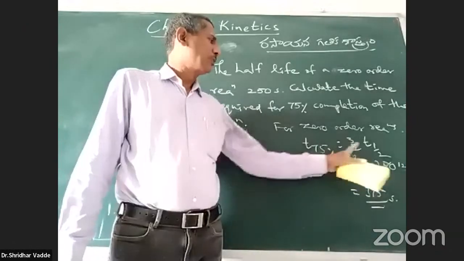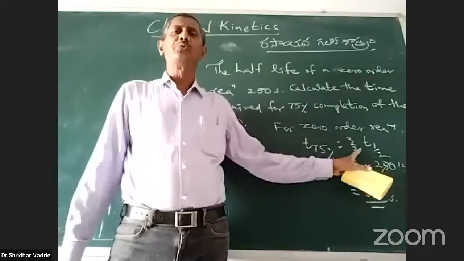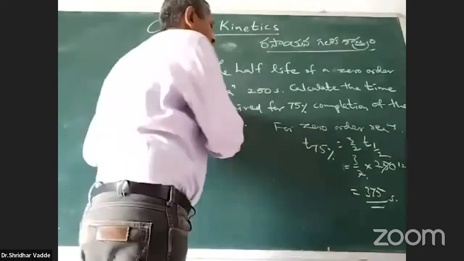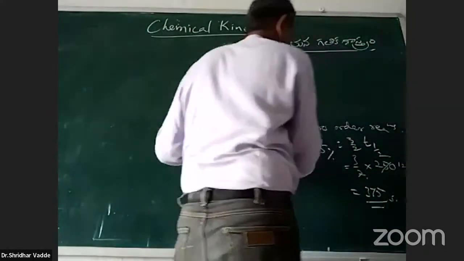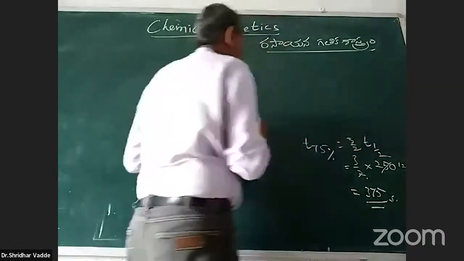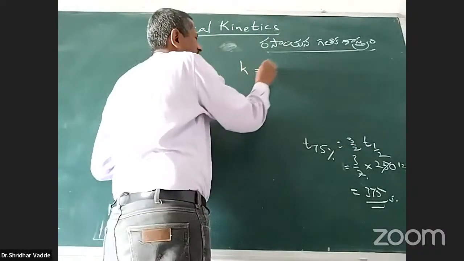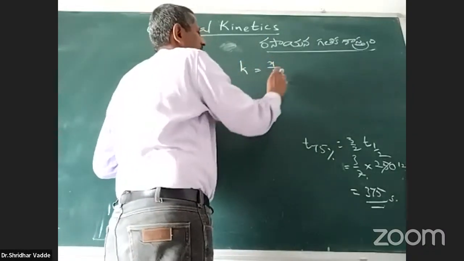If you remember this principle, fine, but if you don't, let's see what to do. For a zero order reaction, rate is equal to x by t.